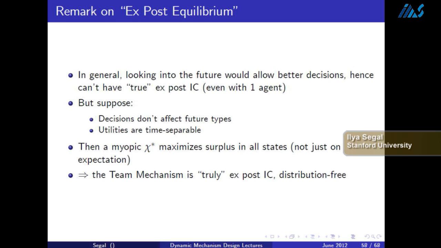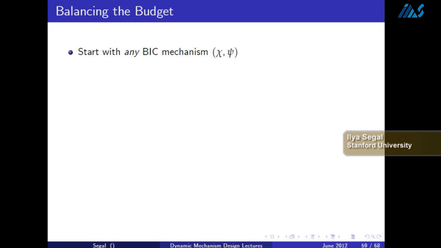Of course, if you can condition on everything, then you can do it. So this is a sufficient condition for measurability not to be binding, which is of course a very restricted class of problems. So maybe I shouldn't push it too much.